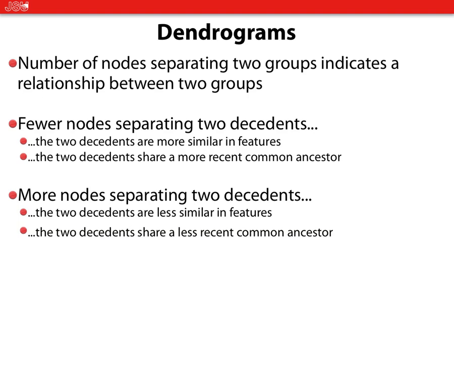And I have an example of this, and then you'll see the point. But really, that kind of makes sense, though, doesn't it? If every node represents a major evolutionary change, then the more evolutionary changes between two groups, the more distant they are in relationship. The fewer evolutionary changes between them, the closer they are evolutionarily.